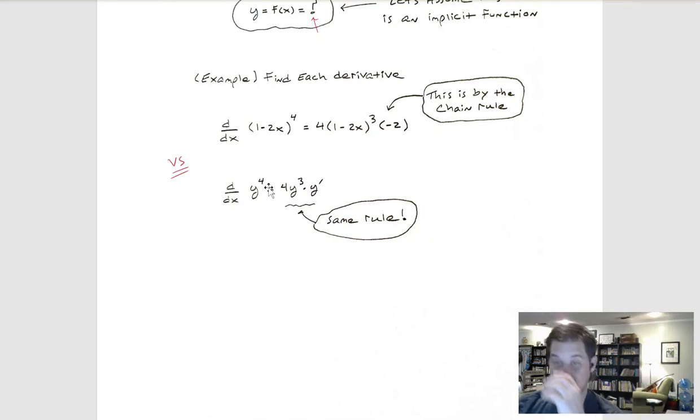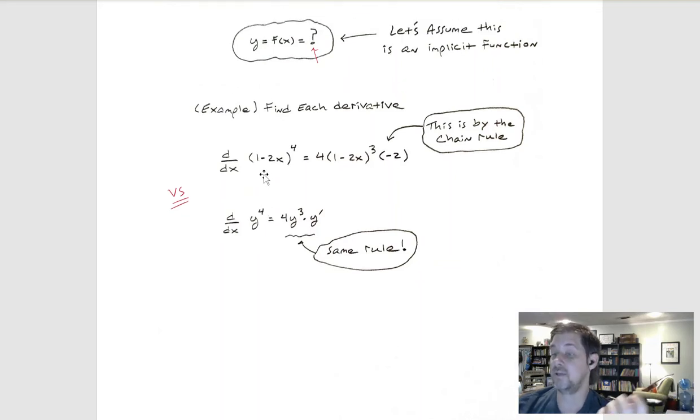This y right there could be something like 1 minus 2x. It's just that we don't have that information. It's not solved that way. All that we know is it is a function of x somehow. So my claim to you is, why would it be any different? These are the same thing. It's just that we don't know what y is supposed to be.